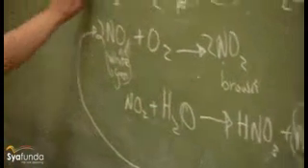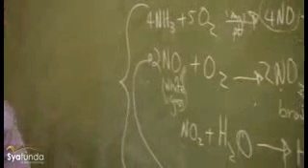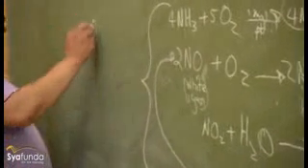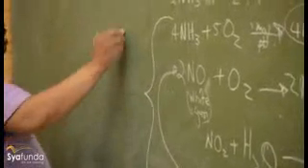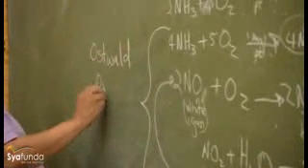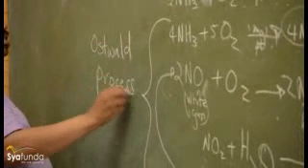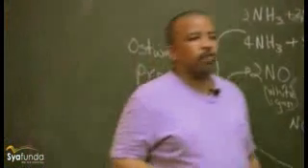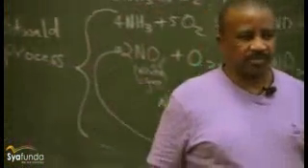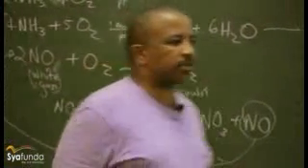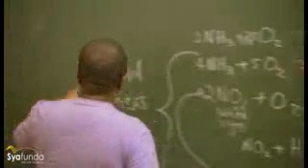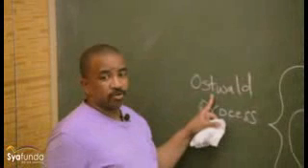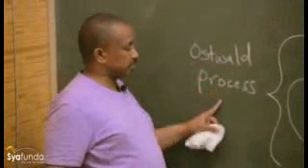So now, the whole process is the Ostwald process. When you pronounce it you say Oswald, but when you write it, you include the T: Ostwald process.